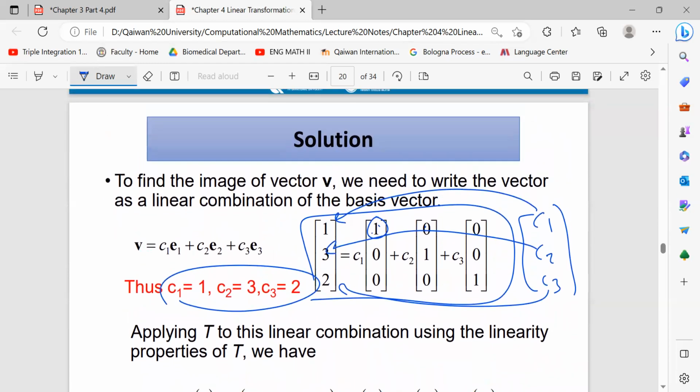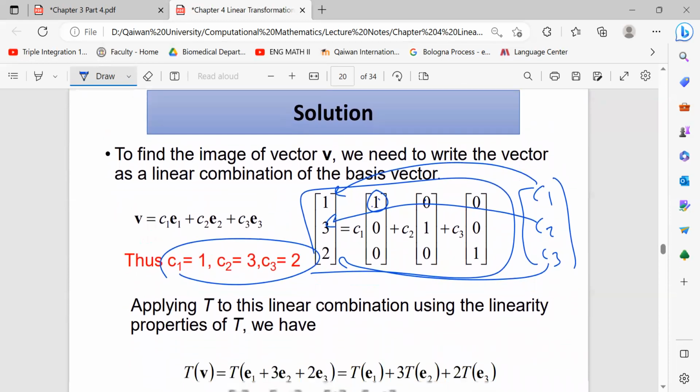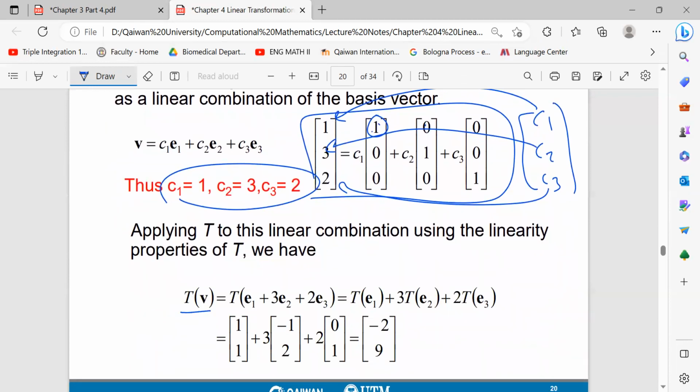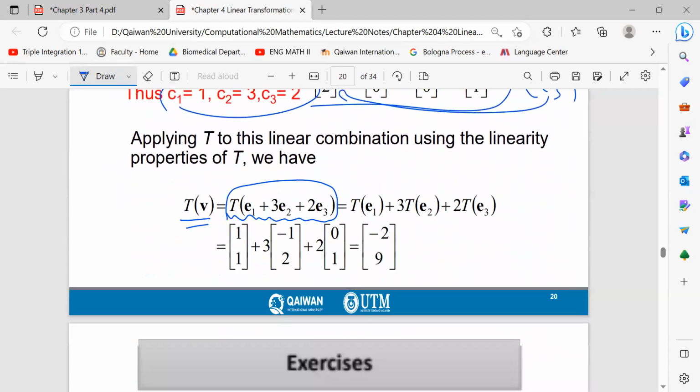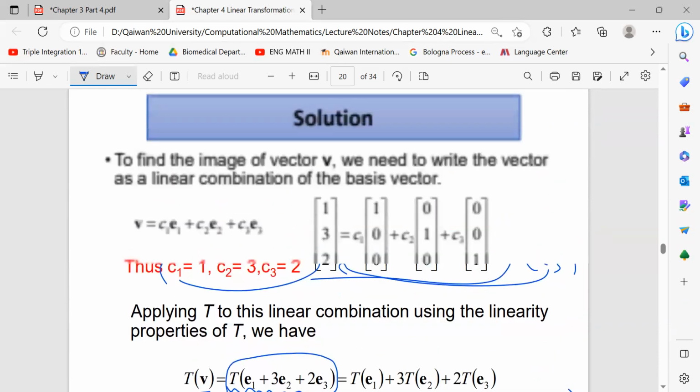Now we say T of V is T of the sum of these three. Since V is equal to C1 E1 plus C2 E2 plus C3 E3, the image of this is equal to the image of this. We need to just find the image of this summation, which will be the image of V.